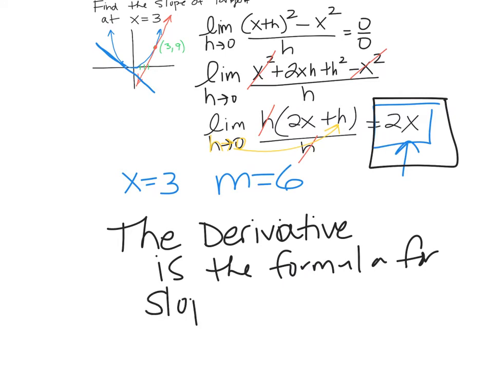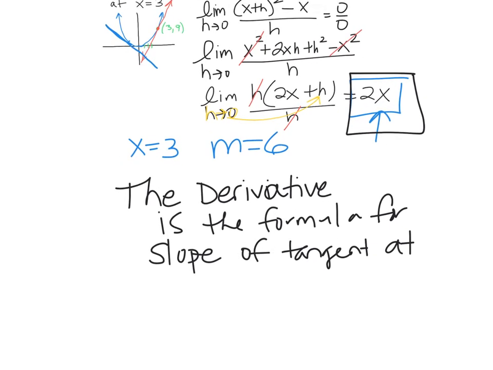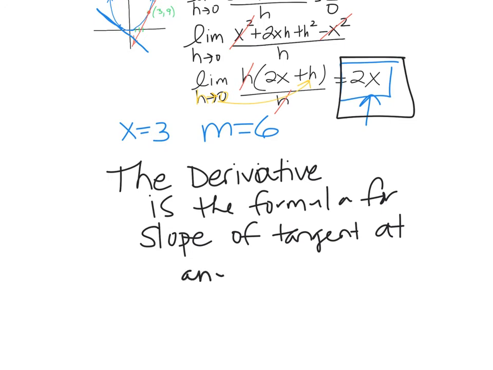The derivative is the formula for the slope of the tangent at any point. So once I have that, I can just plug in any x and find the instantaneous velocity or whatever I'm looking for at any single point on that graph.